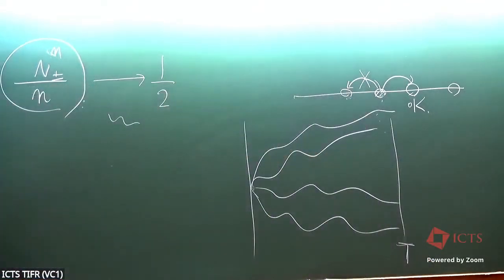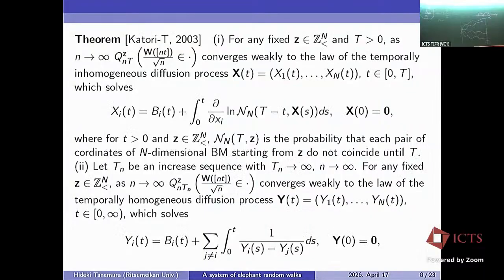And next, if T goes to infinity, we can get this. As we make T larger and larger, the limit process is a temporally homogeneous diffusion process.